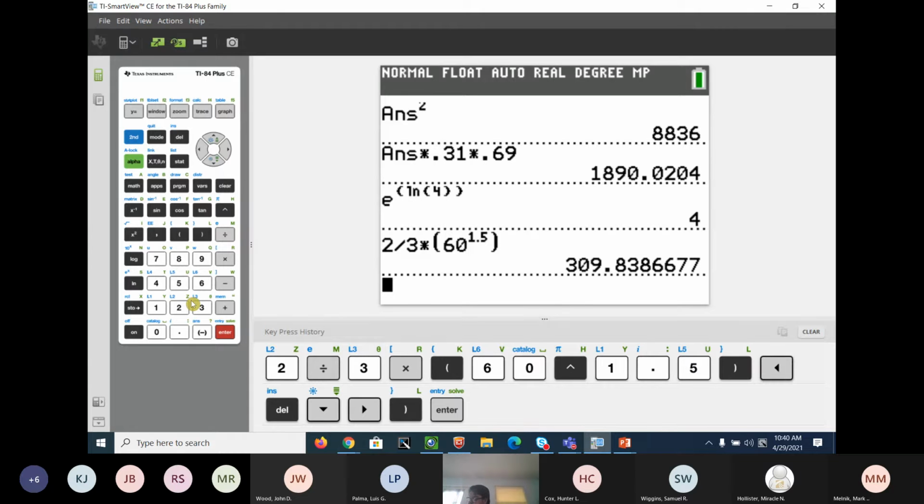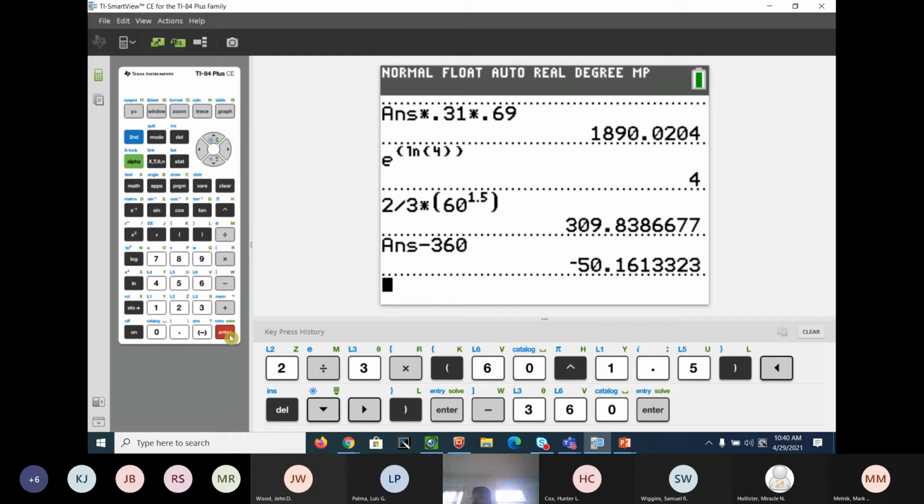Appreciate y'all telling me that. So 309.84 minus 360 equals negative 50.16.